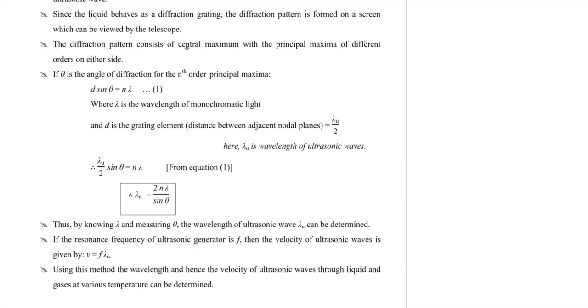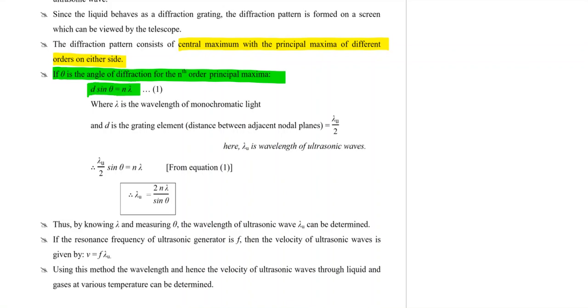The diffraction pattern consists of a central maxima with principal maxima of different orders on the other side. We know that if theta is the angle of diffraction, then for the nth order principal maxima, d sine theta equals n lambda, where lambda is the wavelength of monochromatic light and d is known as the grating element. And what is the grating element?